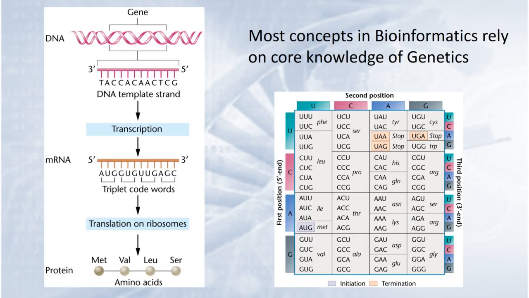And so these processes, as we talked about, we know, for example, when we have a gene or a genome, that either of those strands can be used as a template strand for transcription. And we know how transcription works. It's a very collinear process.